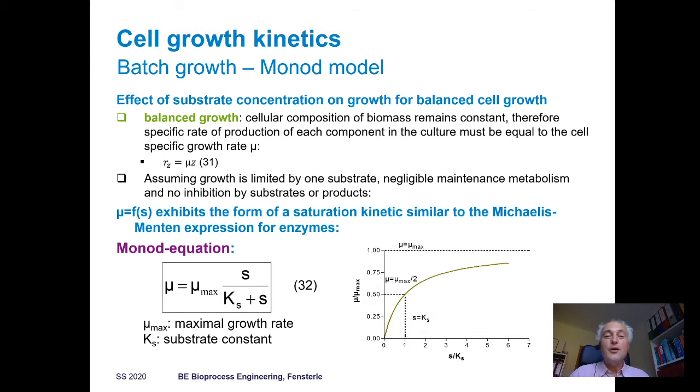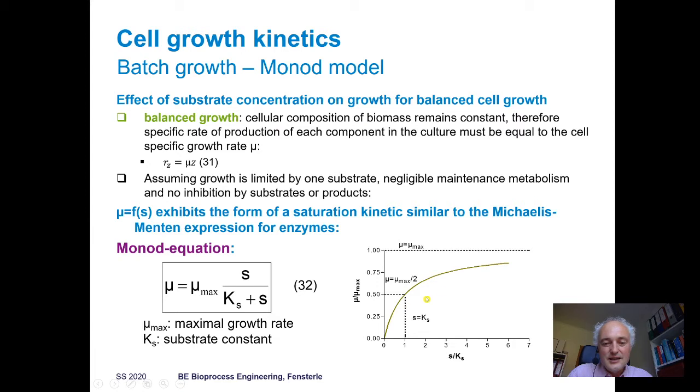We don't care how it worked, but at the end, what you see if you plot a normalized version of the substrate concentration divided by the Ks and mu divided by mu max, is that if you are at mu max, you are at 1. And if your substrate concentration is the same as Ks, you are at 0.5.